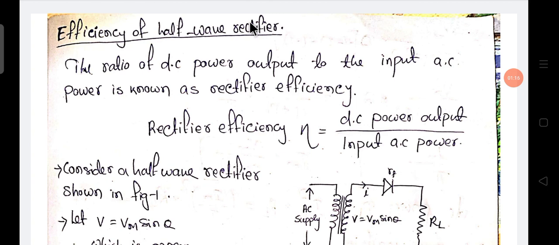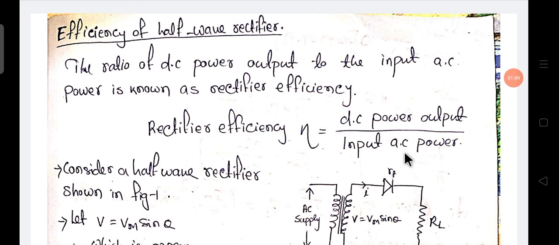That means the rectifier efficiency is the ratio between the DC power output, the output which we get from the rectifier is called DC, and the input AC power, which is what we supply as input to the rectifier circuit.